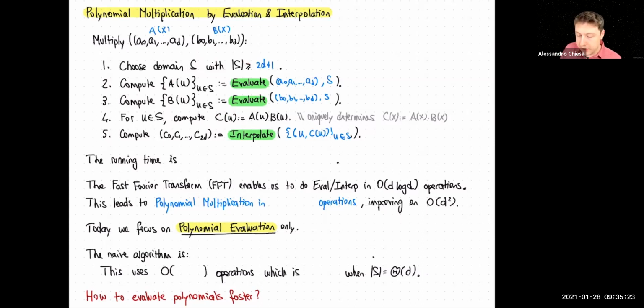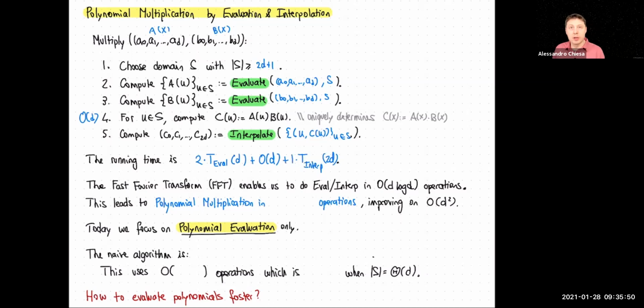Now, the running time of this algorithm is going to be 2 times the time to evaluate a polynomial of degree D, plus order of D, this is step number 4, for the pointwise multiplication, plus 1 times the time to interpolate something of degree 2D.